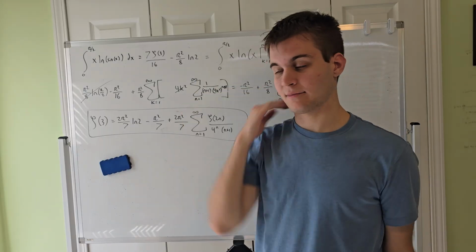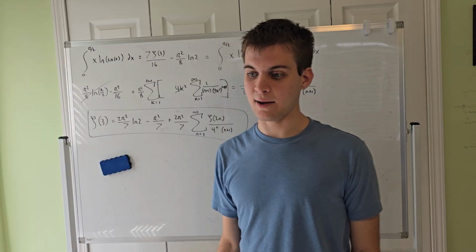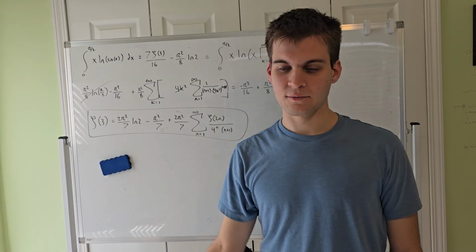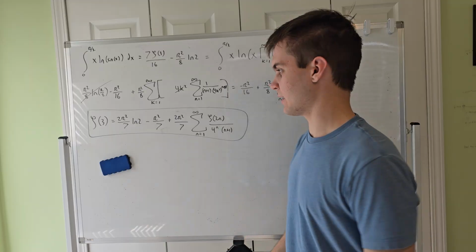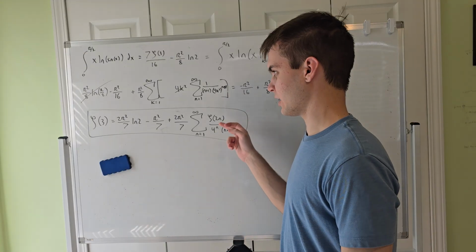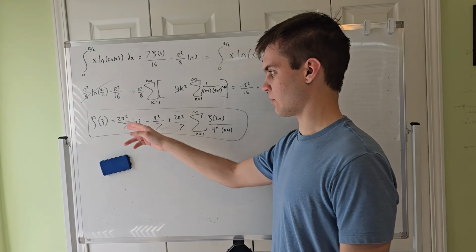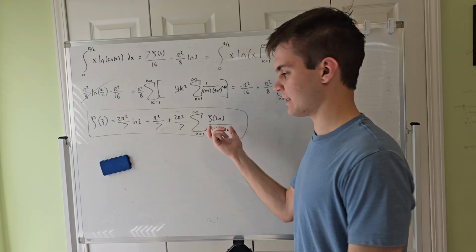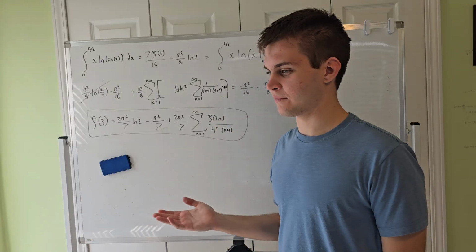But who knows. For example, when I mentioned that ln2 is here, and maybe that means ln2 is somewhere in whatever closed form may exist for zeta 3, that's not even guaranteed either, because this series right here could contain some 2 pi squared, like it could contain minus 2 pi squared over 7 ln2 just baked in there somewhere, and I wouldn't know that just from looking at the sum.